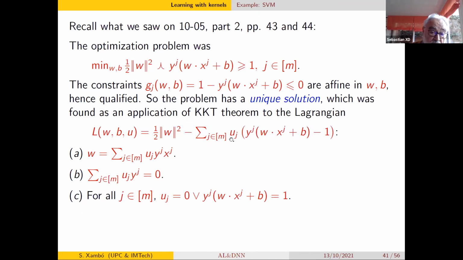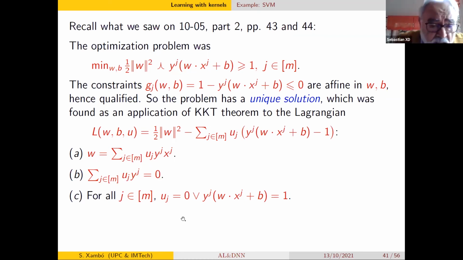Now, what we found, and it's easy to find on inspection of this, is that the gradient with respect to W is 0. This gives that W is a linear combination of the x upper j. Then the gradient with respect to B should be 0, since B only appears as a coefficient of this. You get that the sum of uj y upper j is 0.